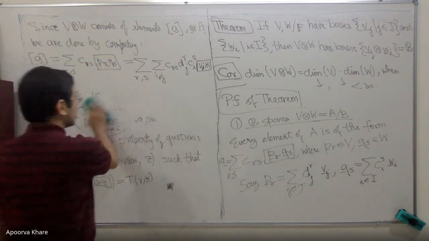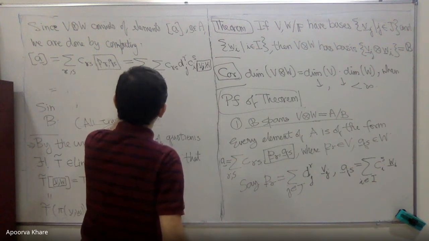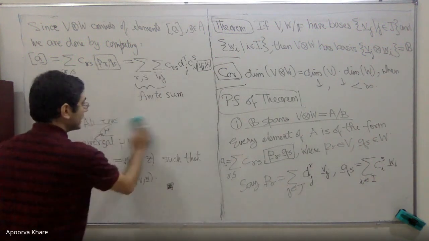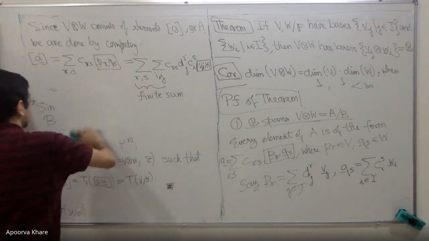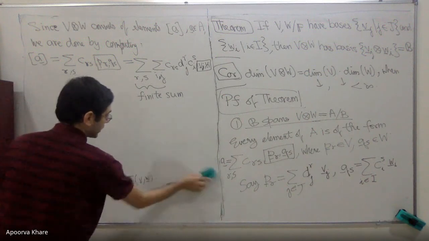But now, because the sum is finite, I can exchange the order of summation. So I sum over I and J, and what I get is the following.